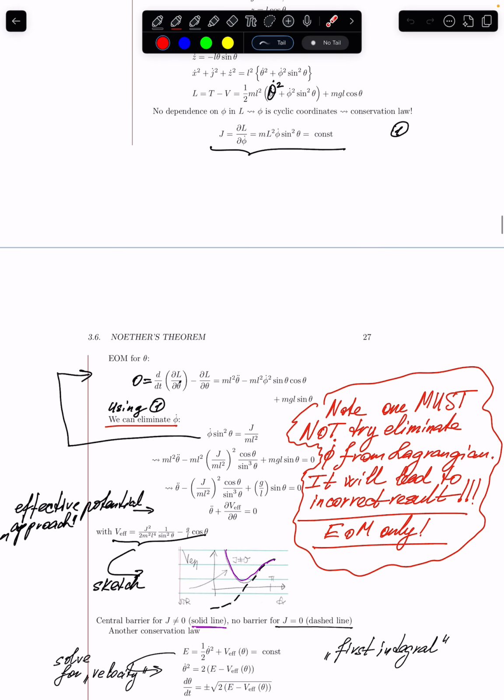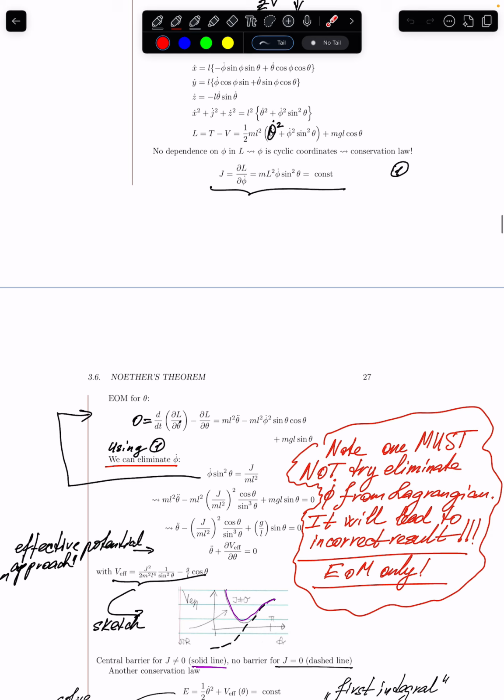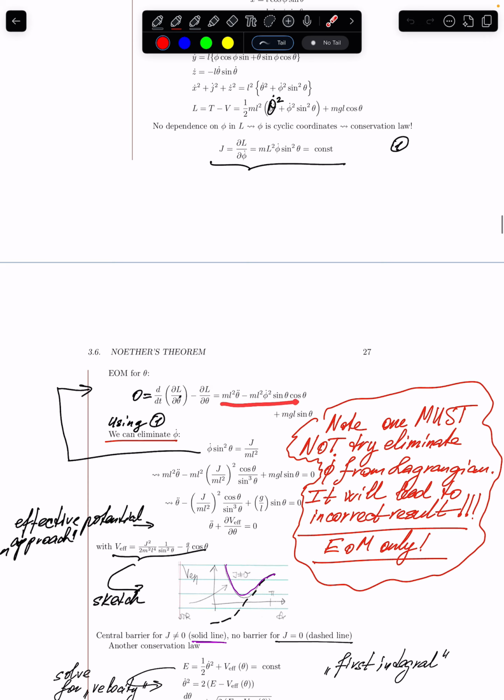Now we can also write down the equation of motion for theta. This is pretty straightforward. We're just writing the usual Euler-Lagrange equation, which equals 0. We substitute dL/d theta dot, take the derivative of this with respect to time, substitute dL/d theta, and put everything into this equation. We will get something like this.